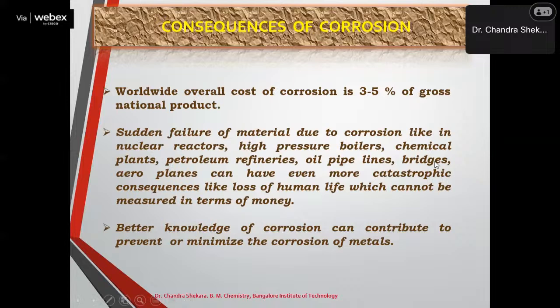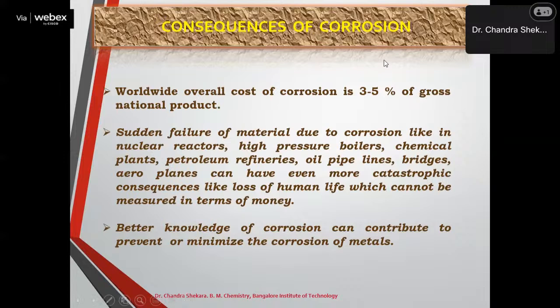Therefore, in this particular topic, we will concentrate on the deep understanding of the mechanism of corrosion, and then we'll discuss about impact of electrode potential on the rate of corrosion, and then finally we'll discuss about what type of questions can be asked in the examination regarding this corrosion as well as impact of electrode potential on the rate of corrosion.